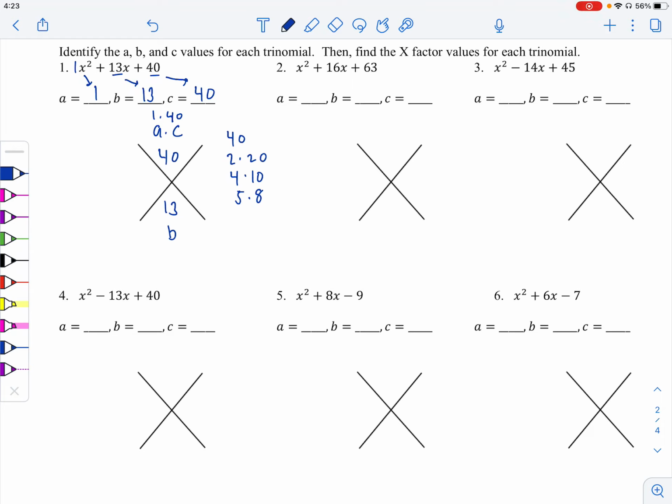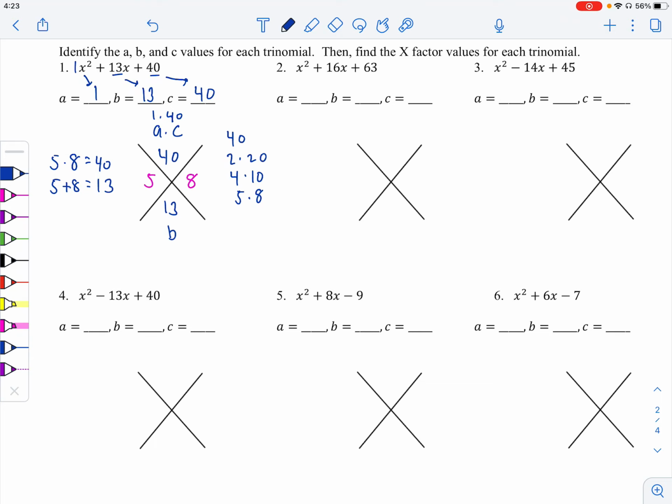Yeah, it does. So our two numbers are 5 and 8. And that's it. Just identify what two numbers multiply to 40 and add to 13. We can write down on the side here: 5 times 8 equals 40, and 5 plus 8 equals 13.